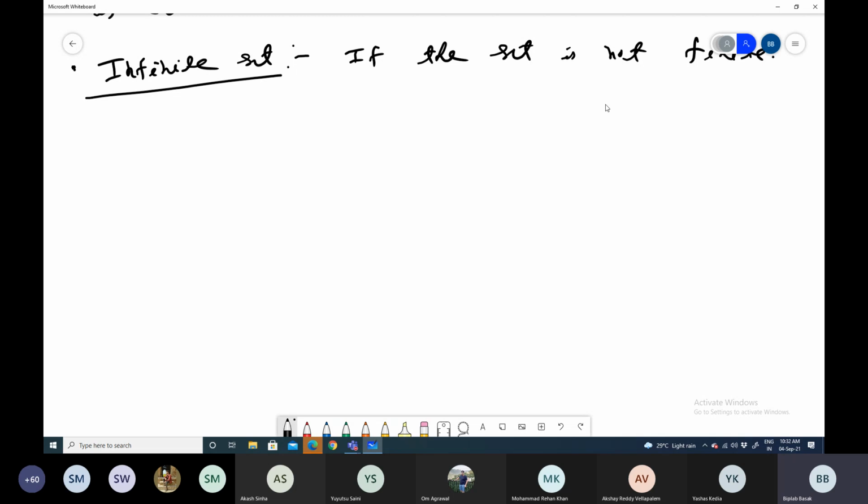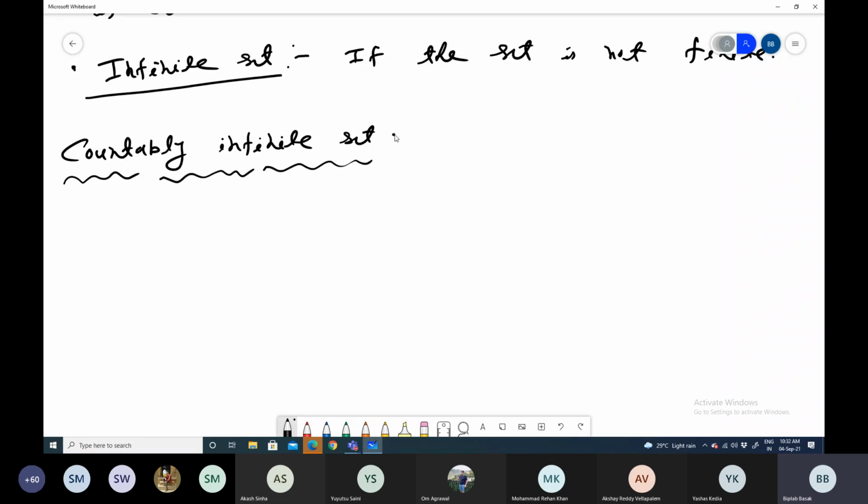Okay, so that is the definition only. Now there are two types of infinite set. First of all, countably infinite set. That means it is an infinite set, but we can count the elements. So in other words, we can list the elements.